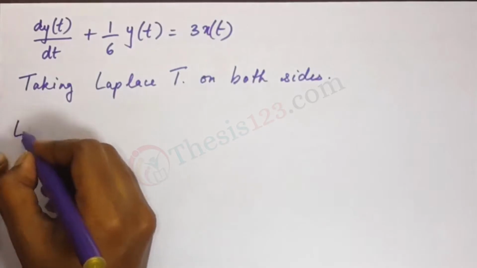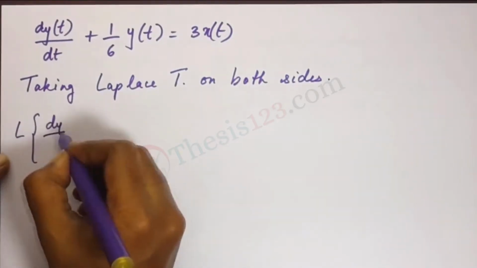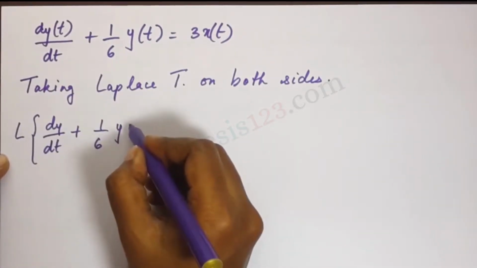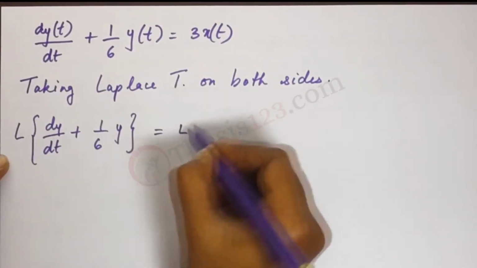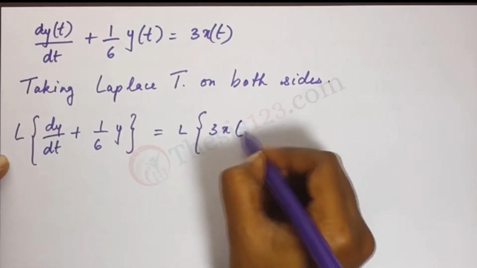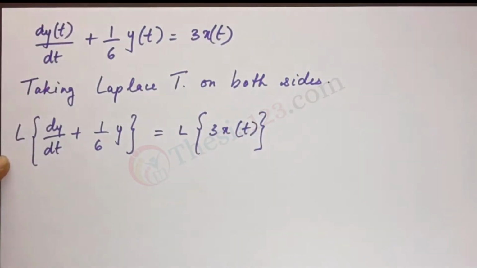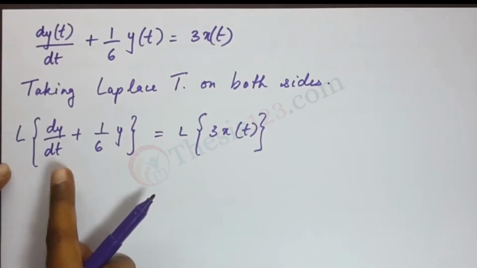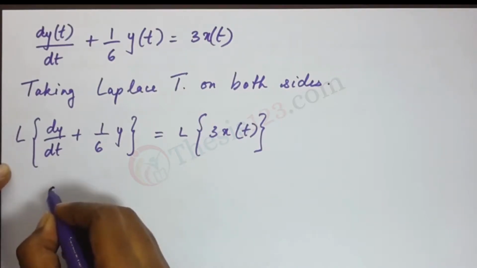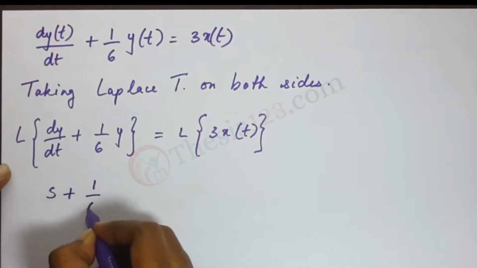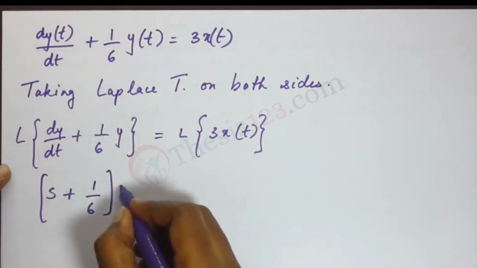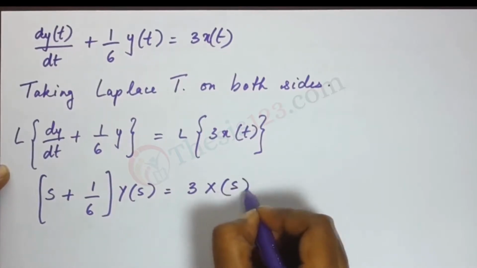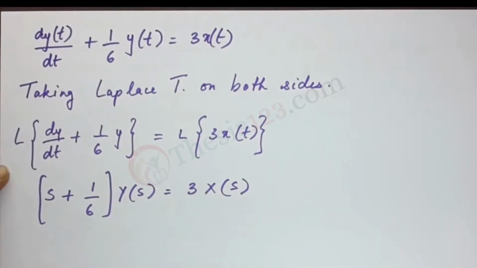When we apply the Laplace transform here, we can write this as (s + 1/6) Y(s) = 3X(s).